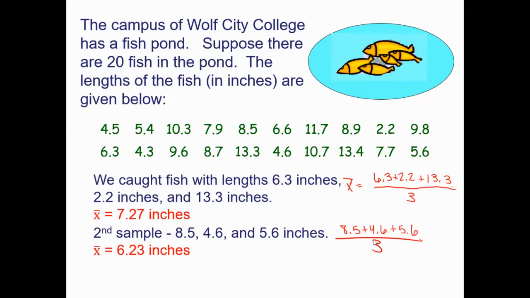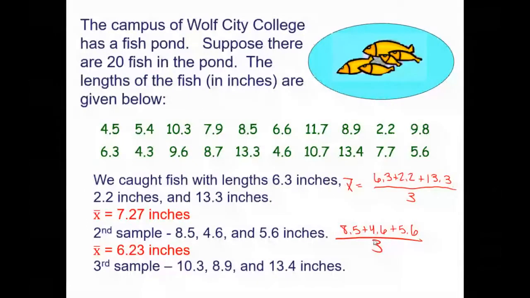Good. And then we're going to have a third sample. We're not satisfied with those 2. We want to get a third. We want to keep fishing longer. So we're going to do 10.3, 8.9, and 13.4 inches. That's 10.87 inches.